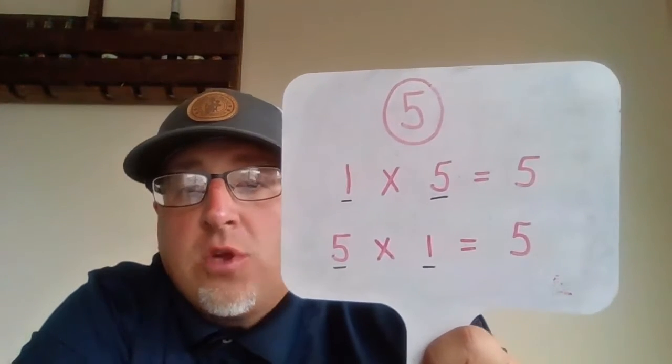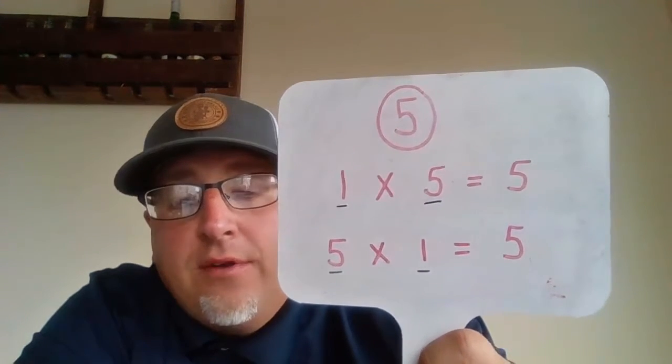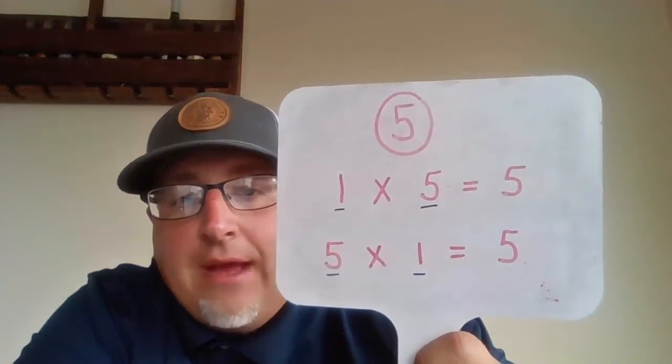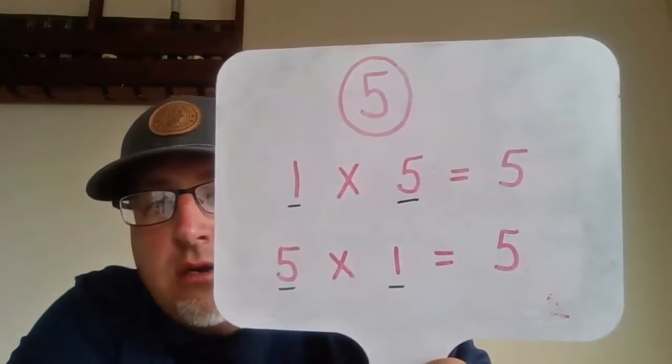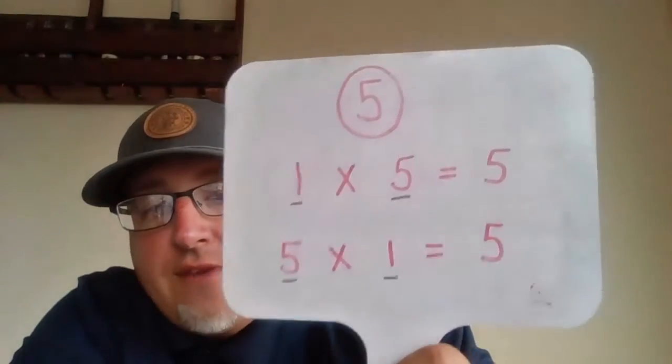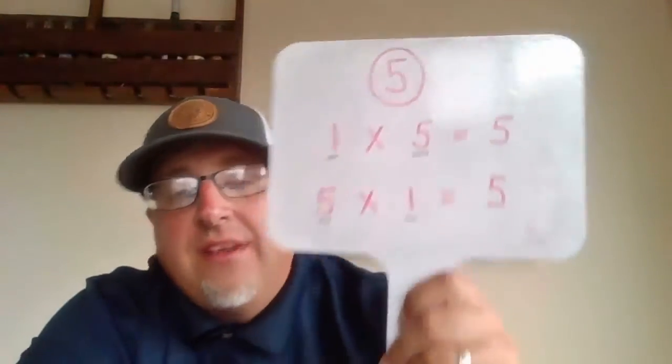So 1 and 5 are your factors when you're dealing with the number 5. You can see that I have them underlined right there. Check them out: 1 times 5 equals 5, 5 times 1 equals 5. I like to kind of sing it a little bit as I do it. Makes things a lot easier.